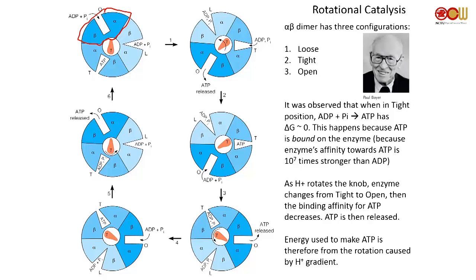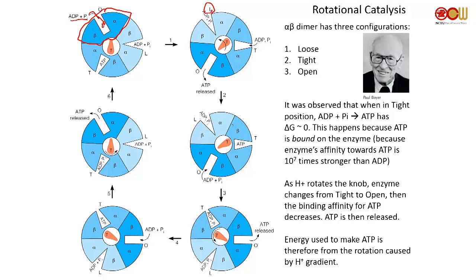ADP is going to diffuse into the enzyme, and then as your gamma subunit is turning, it's going to turn this portion of the enzyme into the loose configuration. In the loose configuration, essentially what happens is you will bind ADP, so you'll capture the ADP.